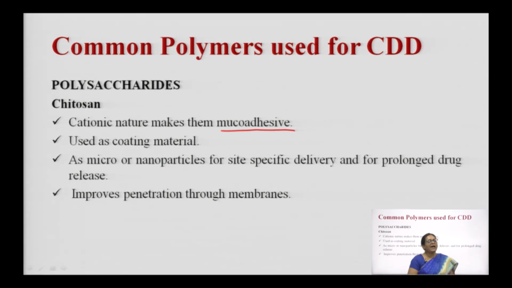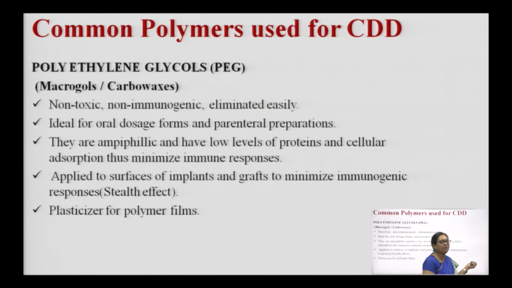It is used as a coating agent and in preparation of micro and nanoparticles for targeted drug delivery and for prolonging the drug release. Further, due to its mucoadhesion, this improves penetration of drug moieties through the membranes and hence improves their bioavailability.